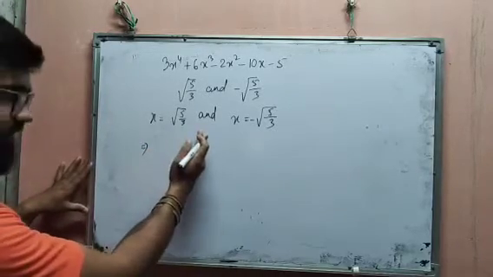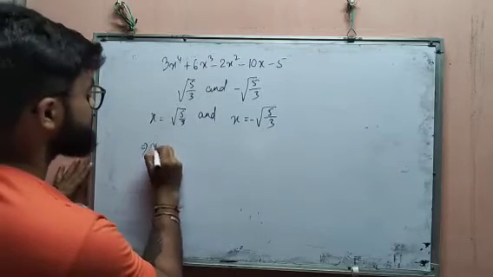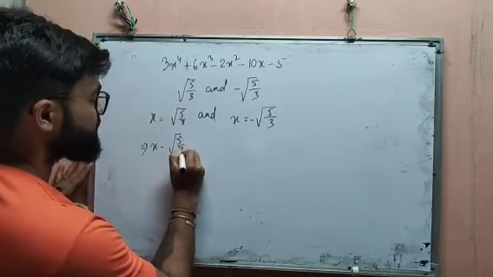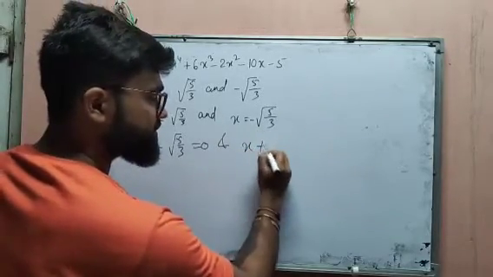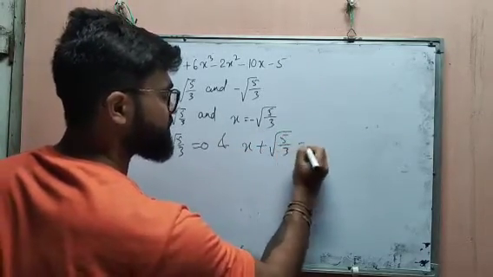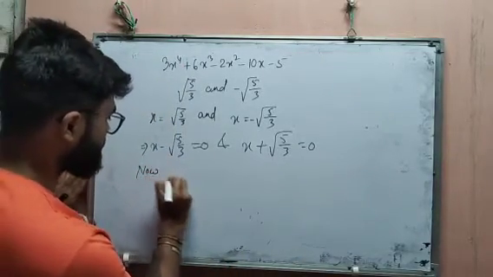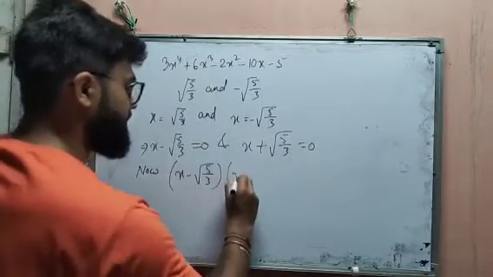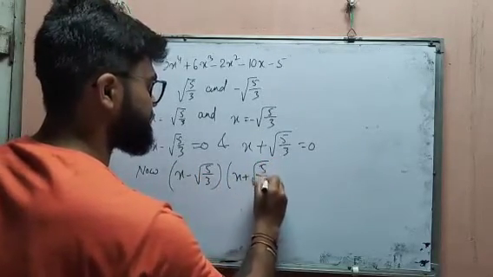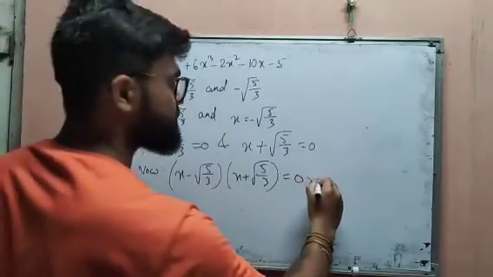Now move this from the right hand side to the left hand side of the equal sign. So x minus root over 5/3 equals 0, and x plus root over 5/3 equals 0. Now (x minus root over 5/3) into (x plus root over 5/3) equals 0 into 0.